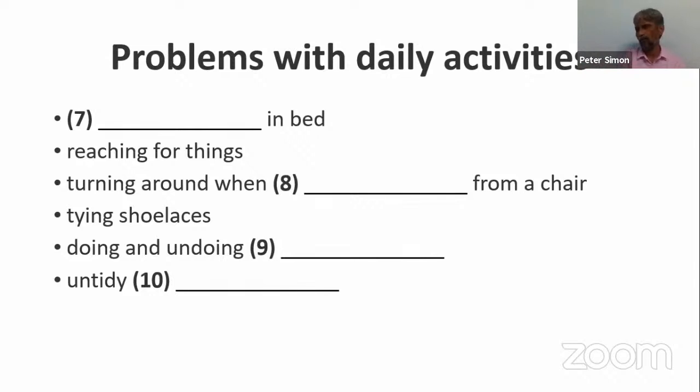So doing something and undoing something. This something is related to both doing and undoing. Untidy dash. Untidy attire, maybe clothing, how he dresses himself. All in a haphazard manner. One thing goes here, one thing goes there, like that. So he is not able to manage all these things properly.